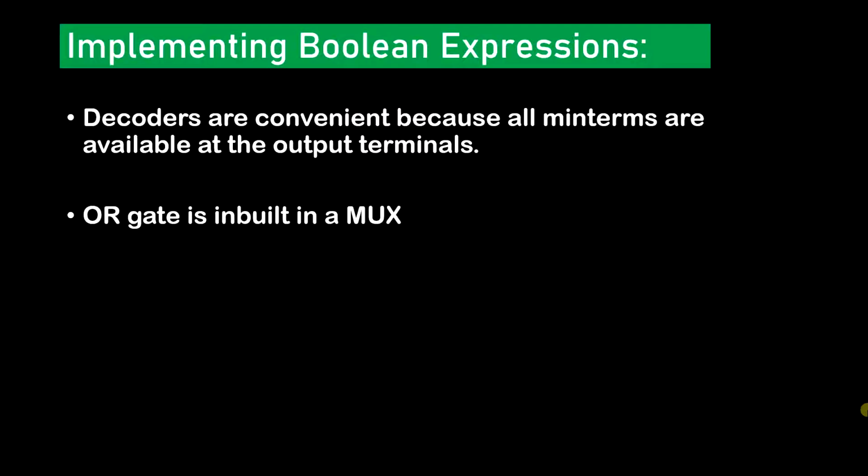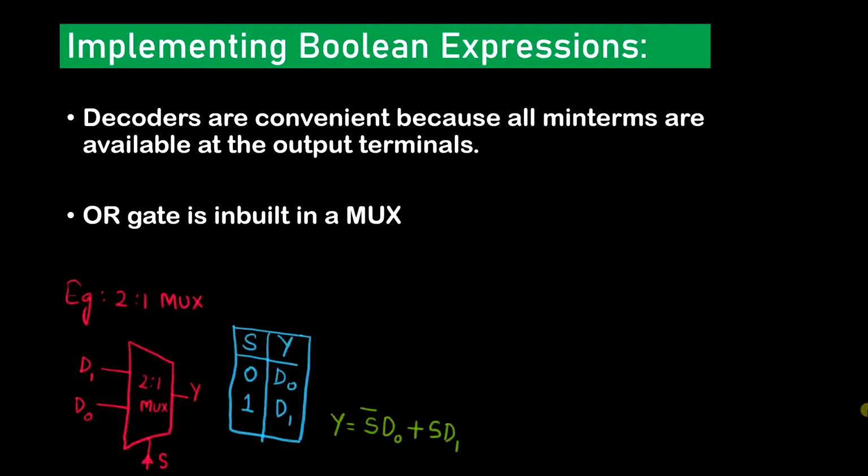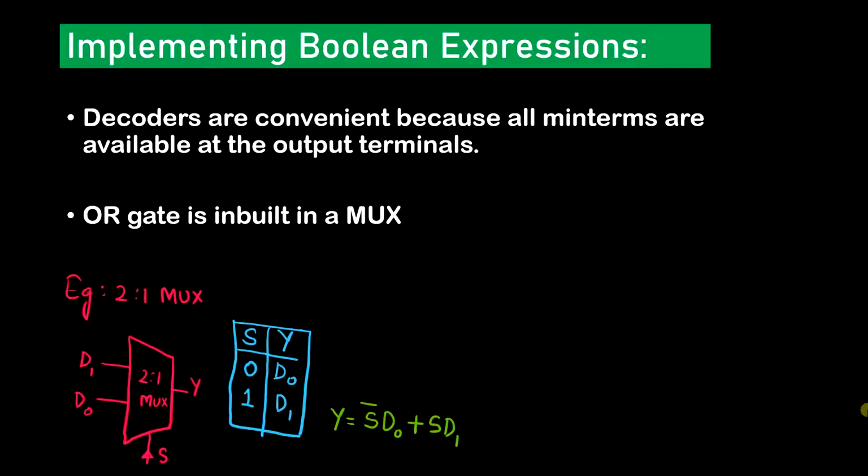Thus we can say that mux is an ideal way to implement the functions which are expressed as a sum of their minterms. So let me explain this with the help of an example. Here is a 2:1 mux with two inputs and a single select line.